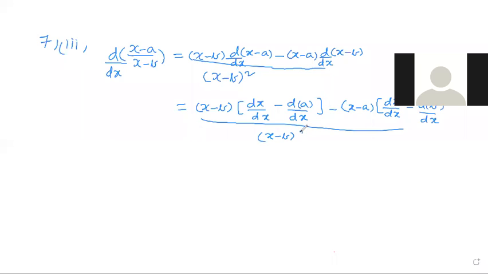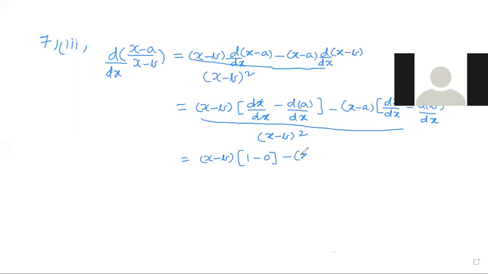Okay, clear everyone? So x minus b into the bracket: dx by dx cancels, value is 1, and a is a constant, its value is 0, therefore 1 minus 0.